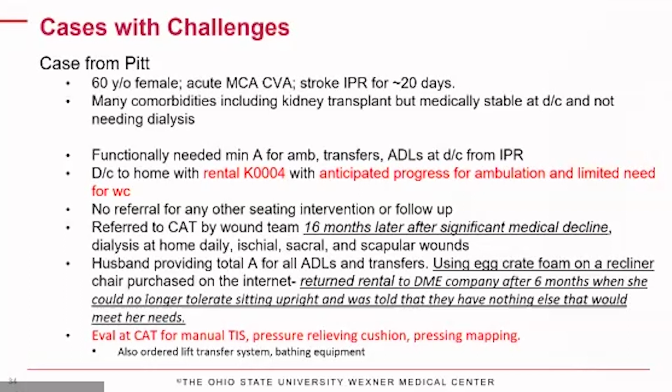I think the decreased length of stays are sometimes a factor in why we either underprescribe or overprescribe. I work in outpatient, not inpatient, but in my outpatient clinic I've had to fix that, and I've also had to fix the person that got a manual tilt-in-space chair who is now almost ambulatory.